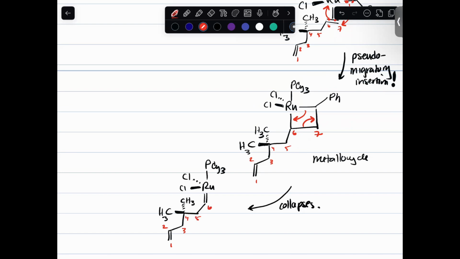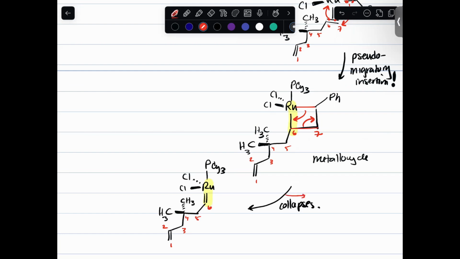Notice how carbon 6 is now double bonded to the ruthenium. Please also notice that carbon 6 and carbon 7 are no longer bonded, and the ruthenium and the carbon with the phenyl group are no longer bonded.